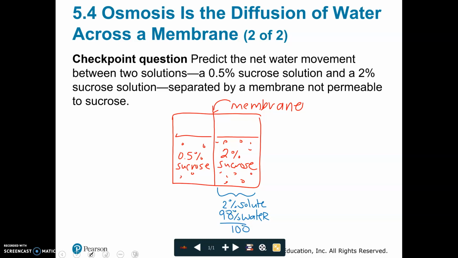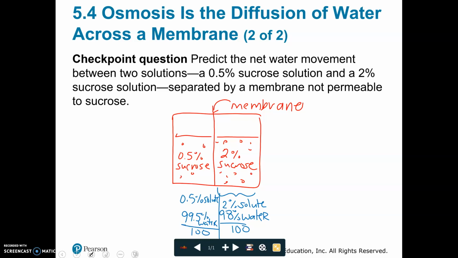Now on the other side, we have a 0.5 molar sucrose solution. You'll learn about molarity in chemistry. I keep saying molar percent, which means it's 0.5% sucrose, and that means how much water? 99.5% water, because that's going to add up to 100, our solute and our solvent.